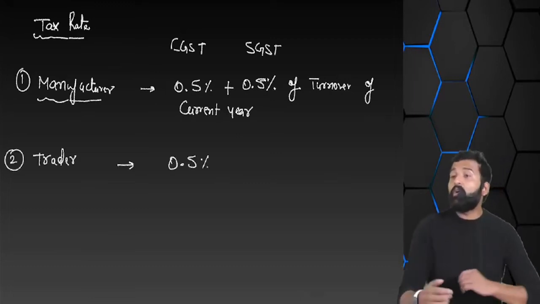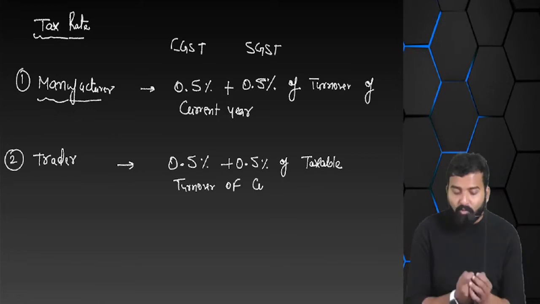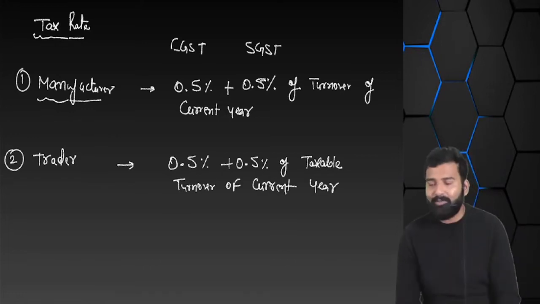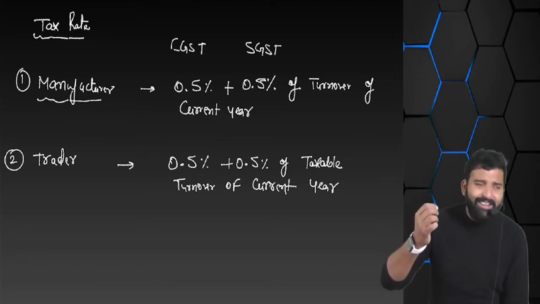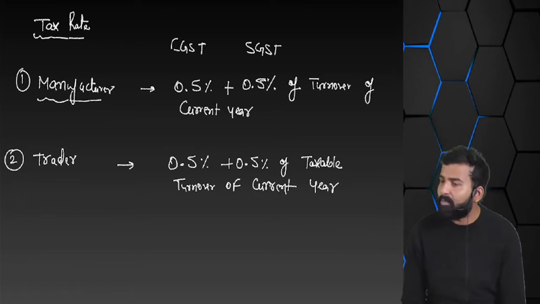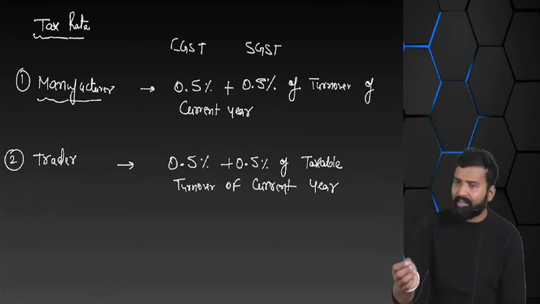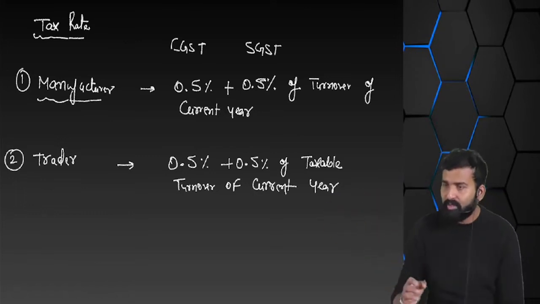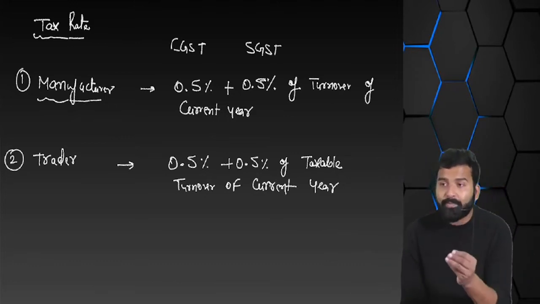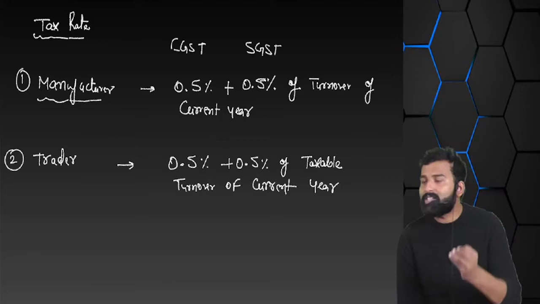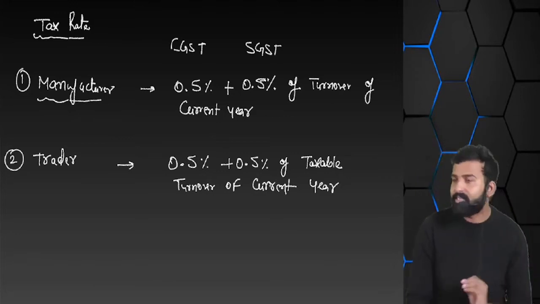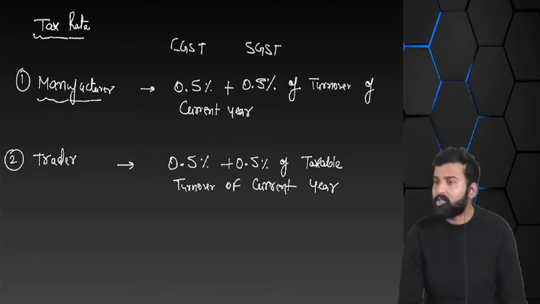But if we are talking about a trader, then it is 1% of taxable turnover. Okay, listen very carefully. This is very basic: a manufacturer can produce one, two or three types of product in his factory. But a trader, a grocery trader, a provisional store, a departmental store, can sell thousands of products in his store.